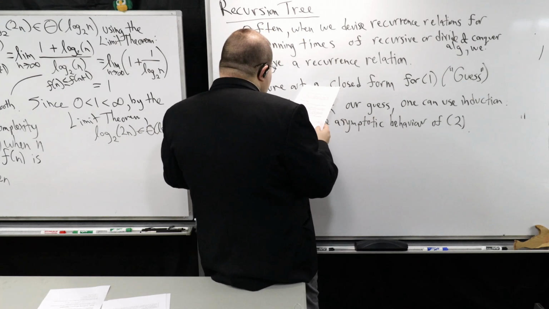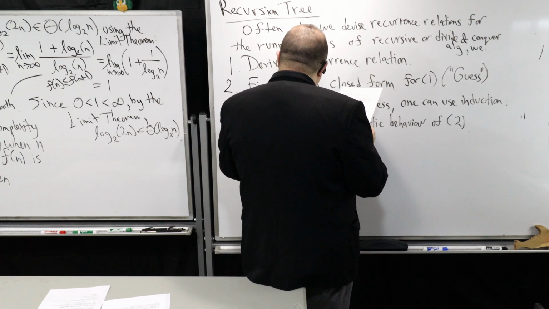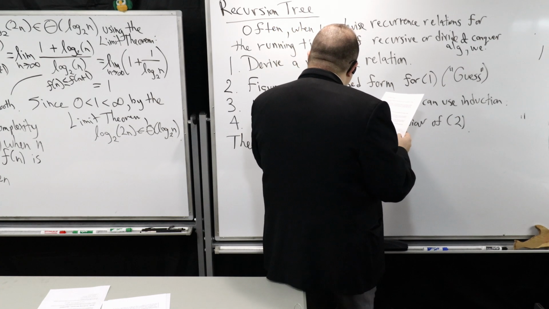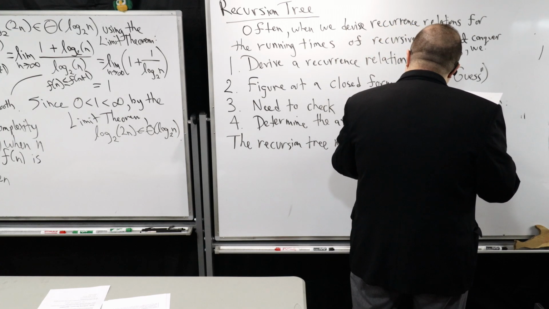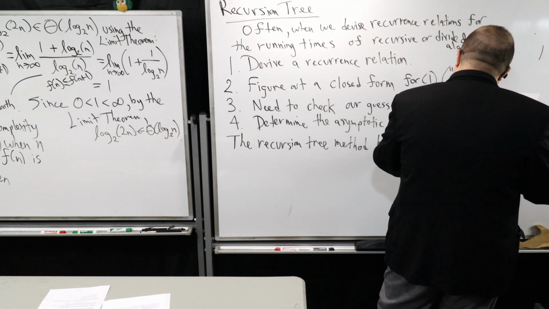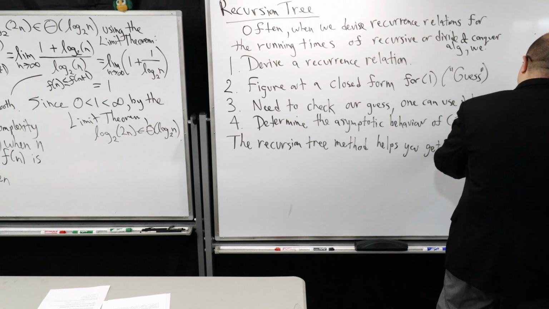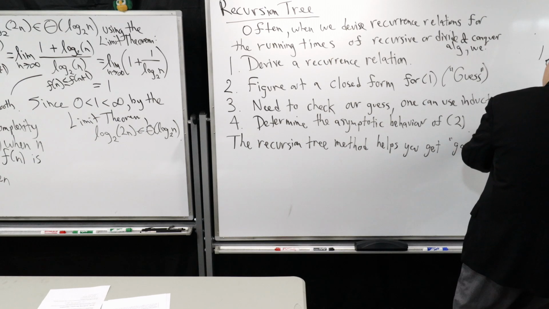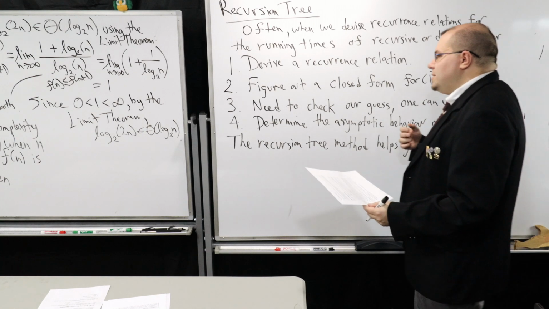So the recursion tree method, just to be clear, helps you get good guesses. That's the way I like to put it. Why?